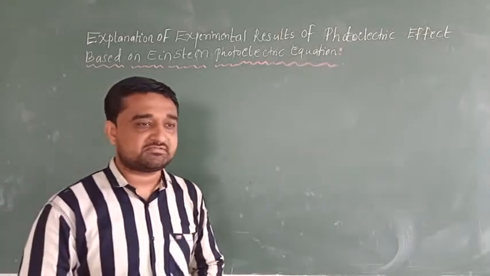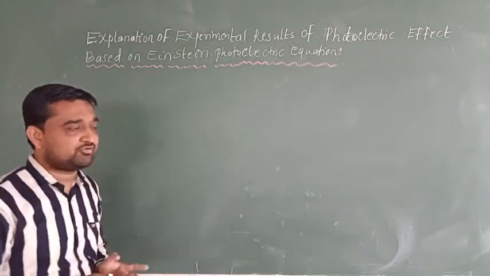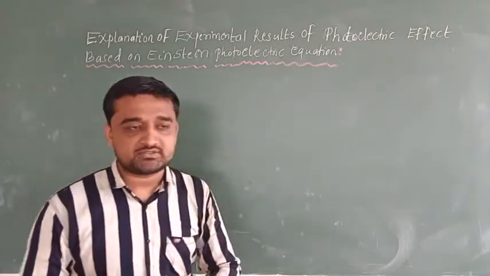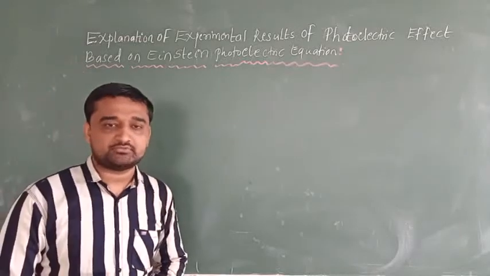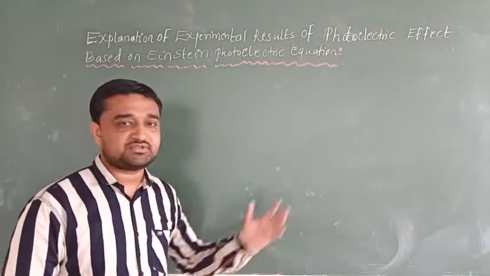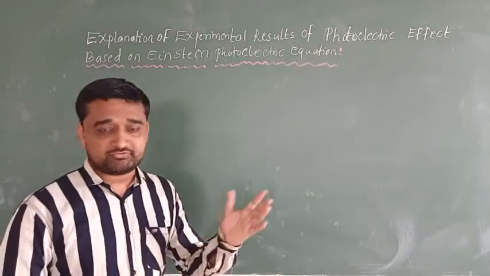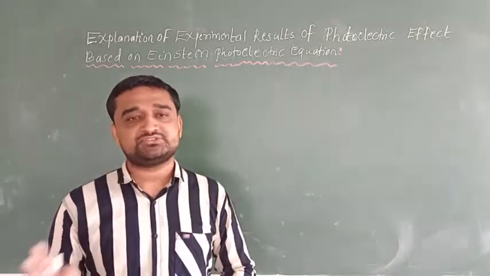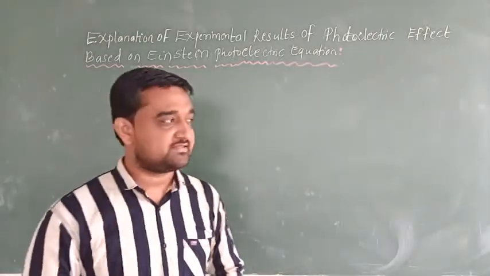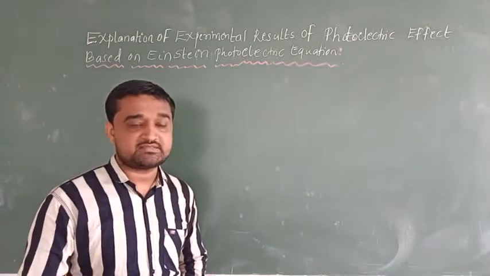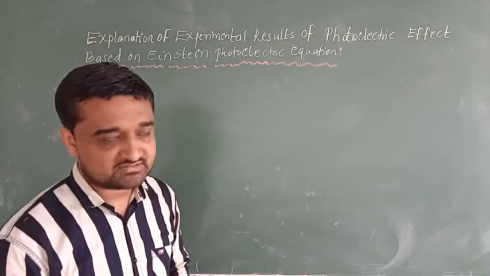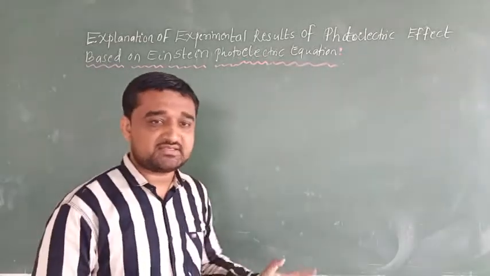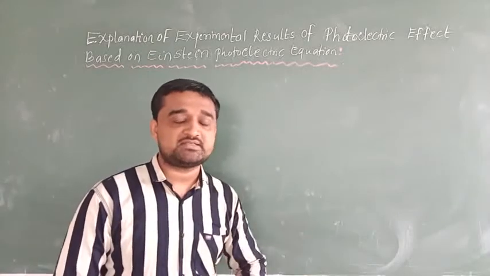Based on that equation, he gave the explanation for the experimental results of the photoelectric effect that we discussed in the previous classes: it is an instantaneous process, a threshold frequency is required, the kinetic energy of the emitted photoelectrons is directly proportional to the frequency of incident radiation, and the photoelectric current is directly proportional to the intensity of incident radiation. Einstein explained these results based on his photoelectric equation.